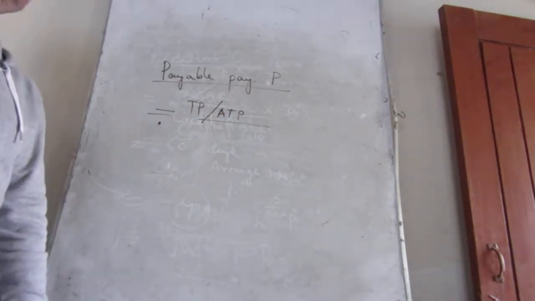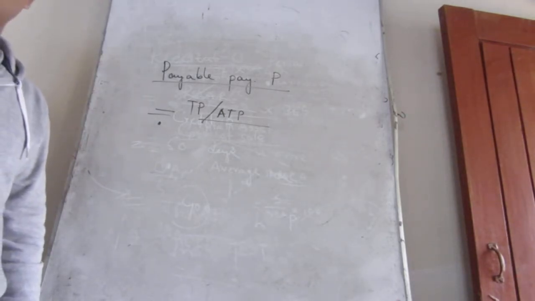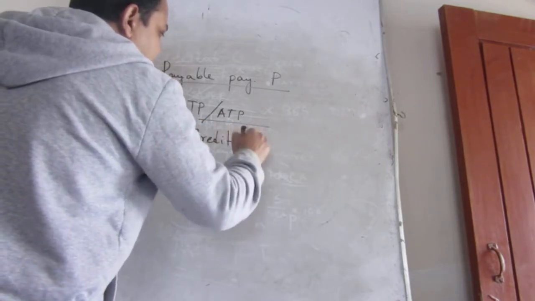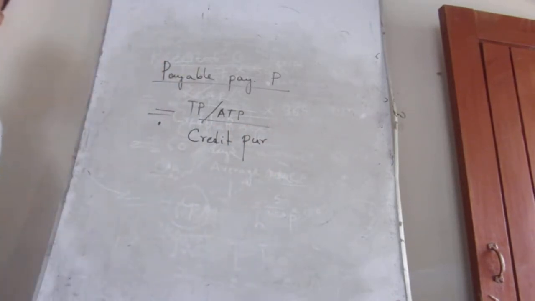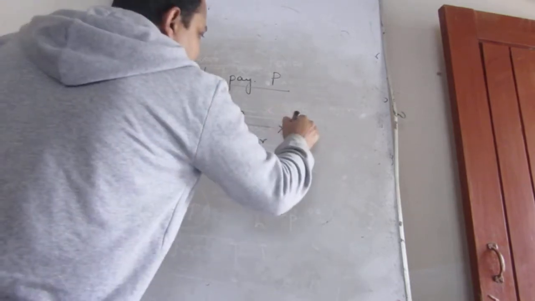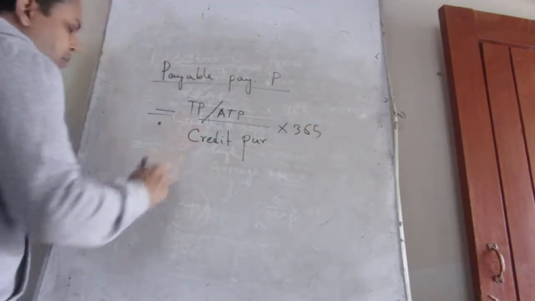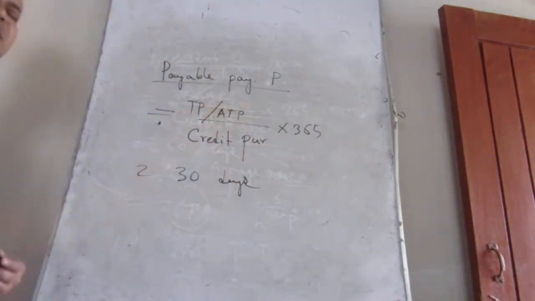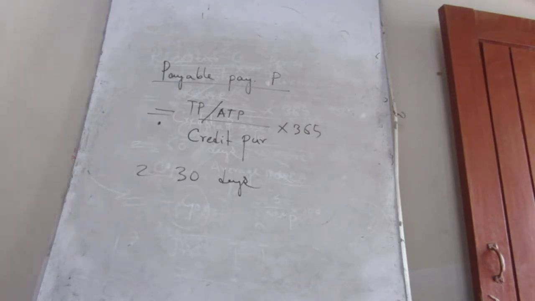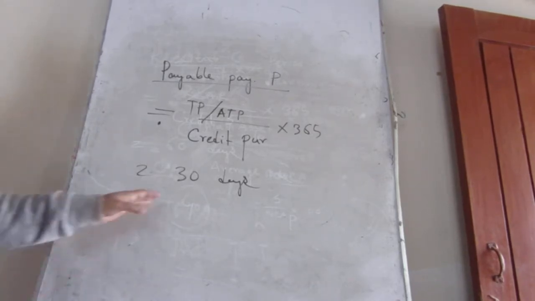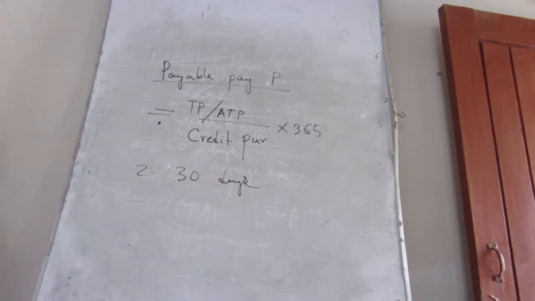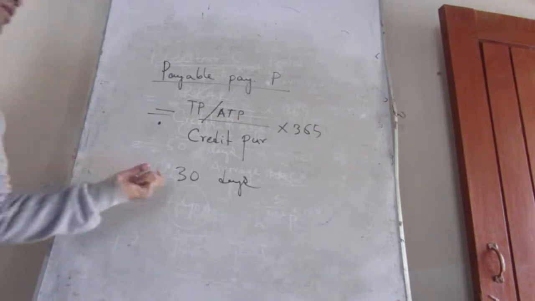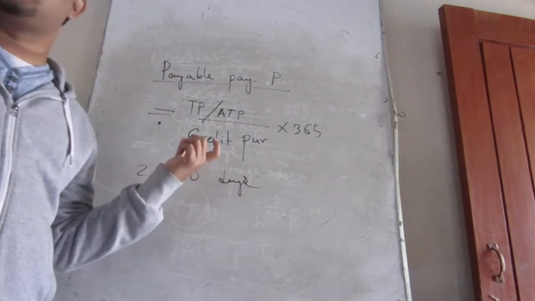Opening plus closing payable divided by 2, divided by credit purchase, multiplied by 365. Suppose the answer is 30 days. What does it mean? On average, in a year, to make the repayment to the credit supplier, your company is taking 30 days on average, right?